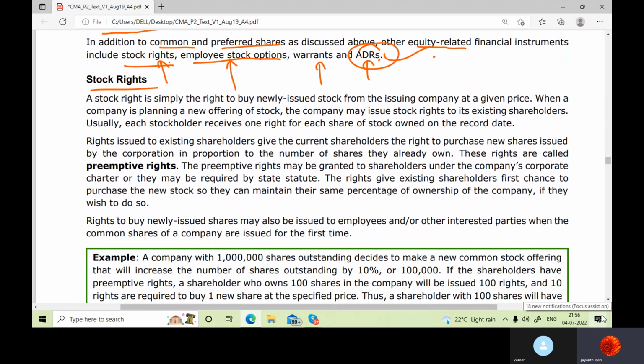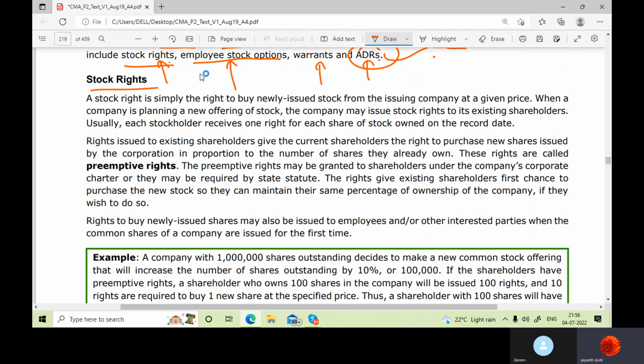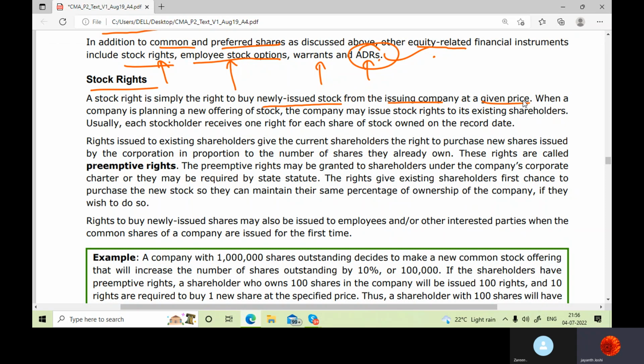Now, a stock right is simply the right to buy newly issued stock from the issuing company at a given price. So who has this right? The existing shareholders. They have this right, not the obligation. Let me be very frank: a right means you can exercise it if you feel it is to your benefit or profitable for you.